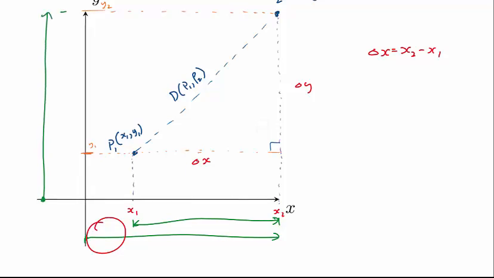And what are we looking for? We're looking for this distance right here. That is our delta y. So in order to find delta y, what do we have to do? We have to subtract out this distance here, which is y1. Same as that right there.